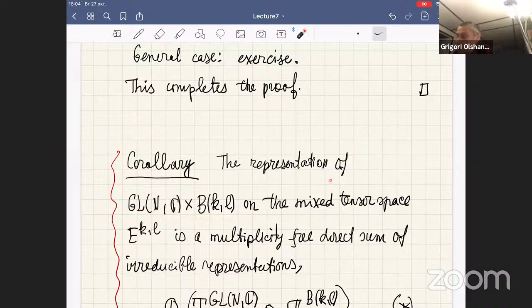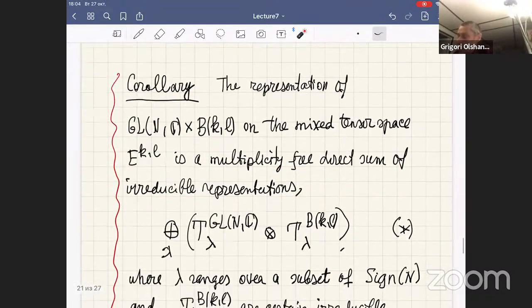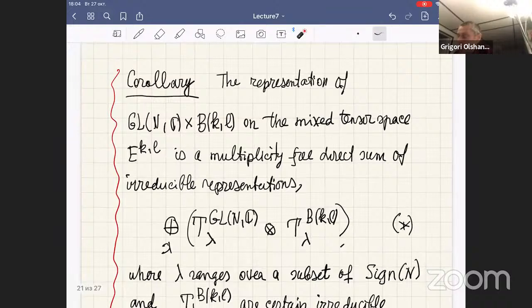So the representation of this object on the space of mixed tensors is a multiplicity-free direct sum of irreducible representations, which are of the following type: some representation of GLN and some representation of a semigroup.